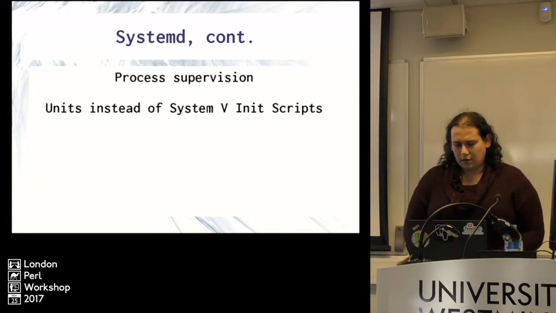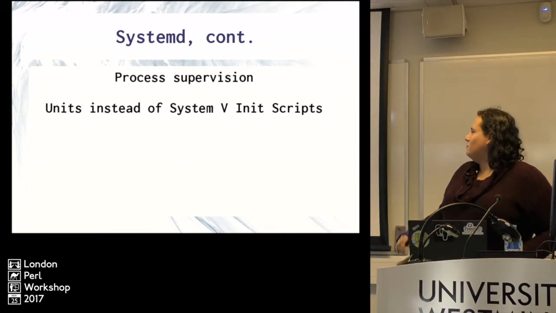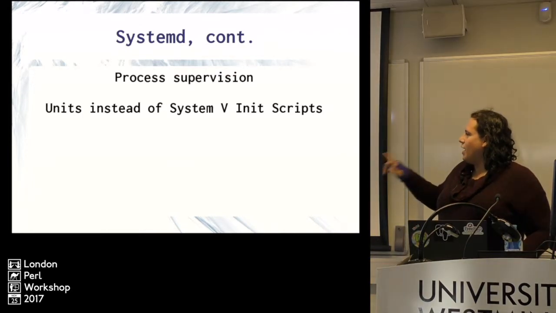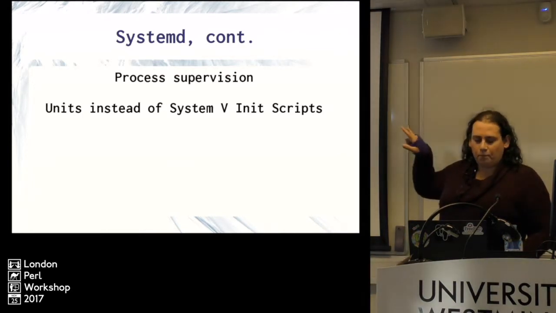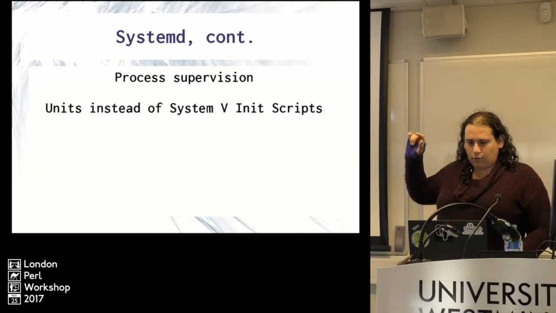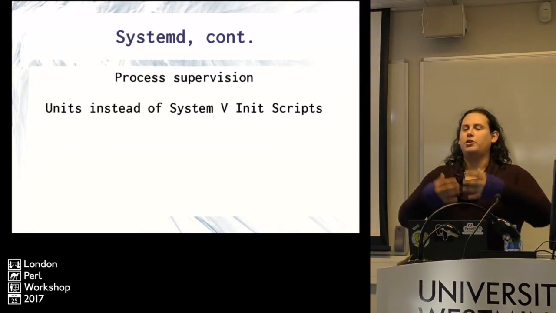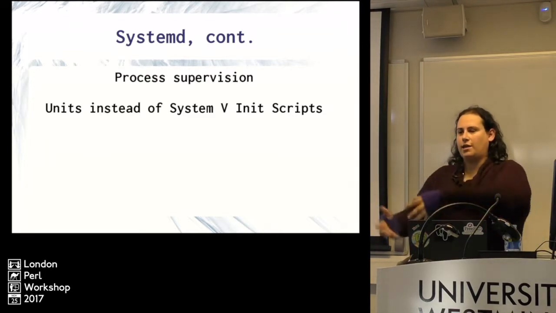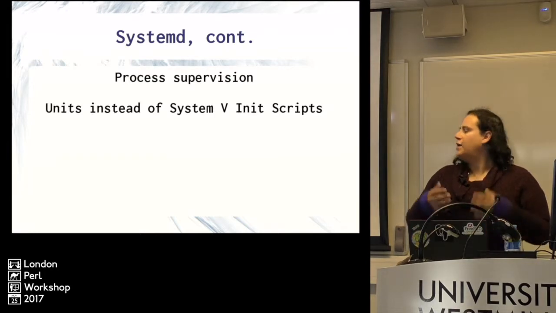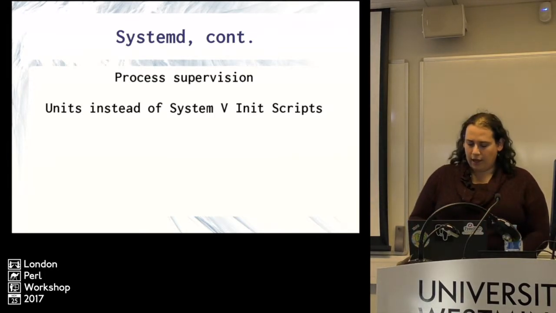I've found that showing them how to make a unit file, and then with a new service that they write, they hand me a unit file, to be very, very handy.